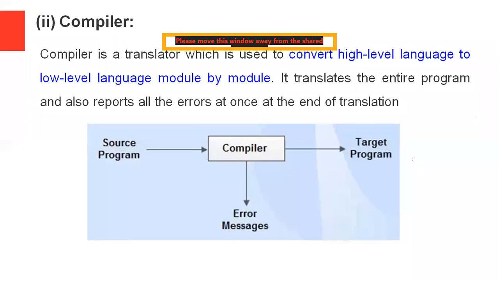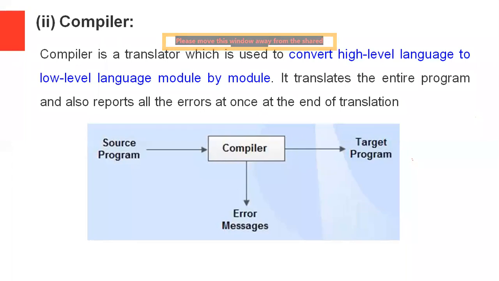So it translates the entire program and also reports all the errors at once at the end of translation, right? So for example, we are writing a C program for addition of two numbers. #include <stdio.h>, int main, int a, b, c. printf to enter a and b values, scanf to read them. c = a + b, then printf c is equal to %d, c.